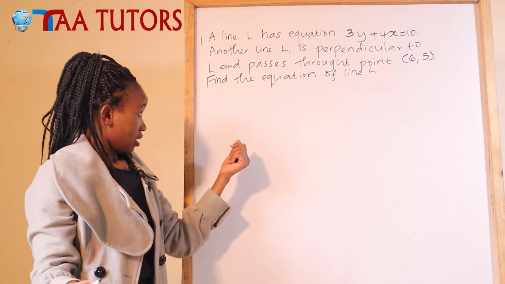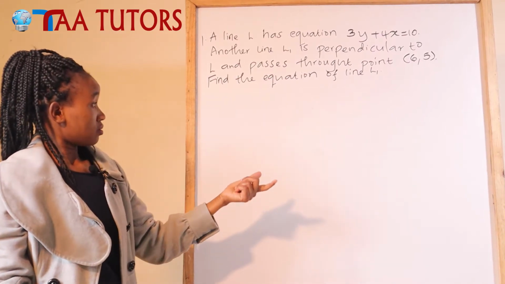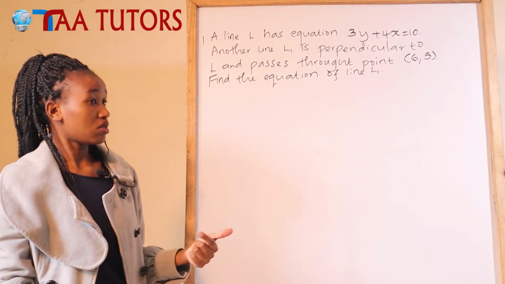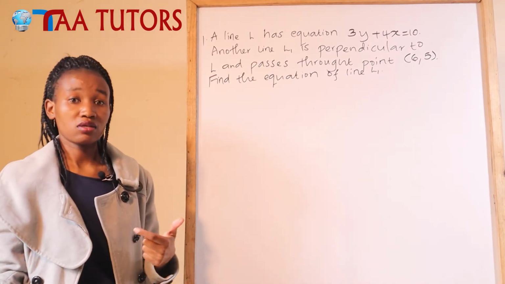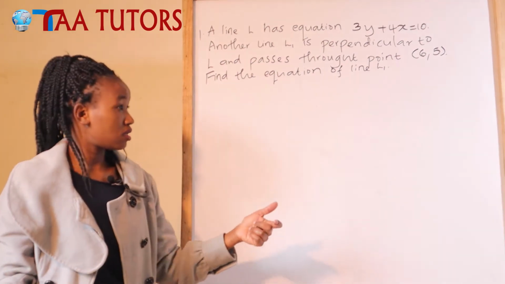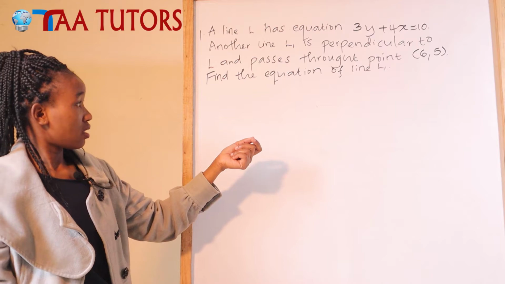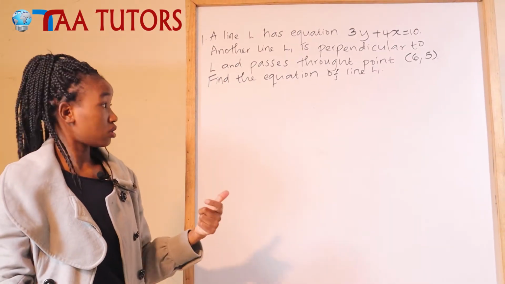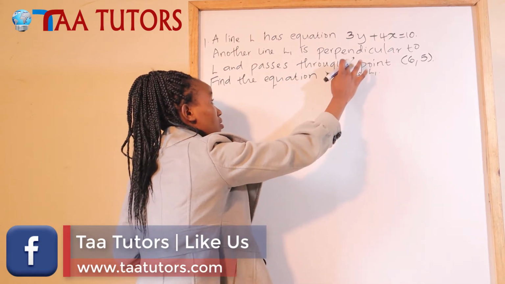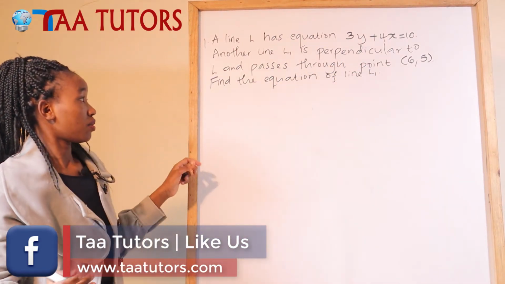Now, still on equations of straight lines, sometimes they combine the two. They usually combine the concepts of equations of a straight line. Like you can be given the equation of a straight line, and then you're asked that another line is parallel to that line, so you try to find the equation, as well as perpendicular lines. Sometimes you'll be told that the line is perpendicular to another one.